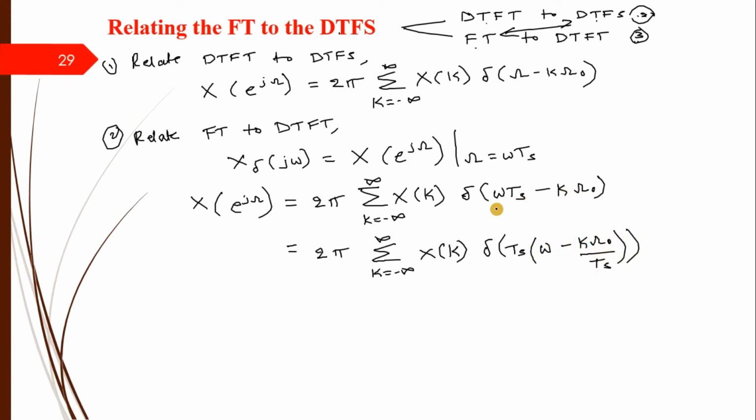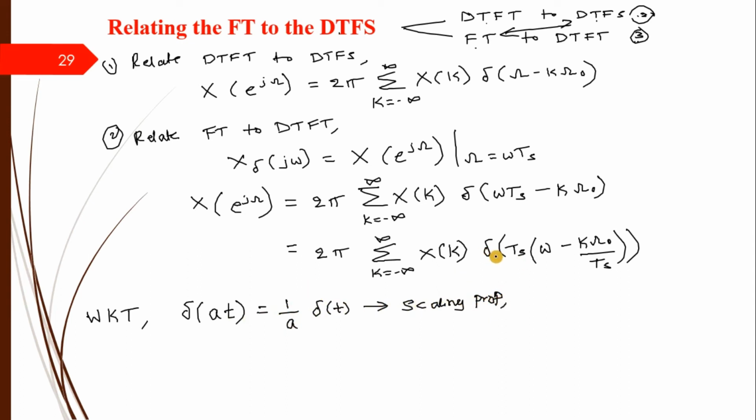So if you just cross check, Ts omega minus Ts cancels k omega naught, so it will remain as it is, it will not disturb it. Okay, now I want to bring in front of you one concept that we had earlier studied. I'll write it here. We know that delta of at, delta is an impulse function, delta of at is 1 by a delta of t. So this we had studied in scaling property. I hope you remember.